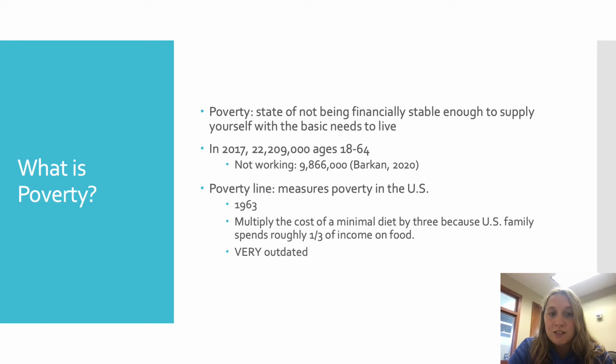Again, that was in 1963. It's 2021, almost 2022 now, and nothing's changed. It's the exact same, so it's very outdated. The poverty line doesn't count the cost of electricity, childcare, transportation, and things like that.